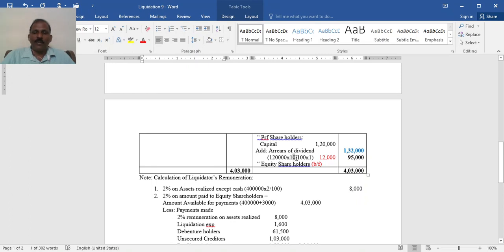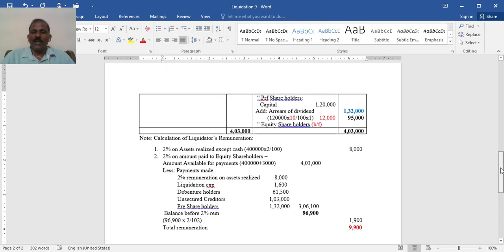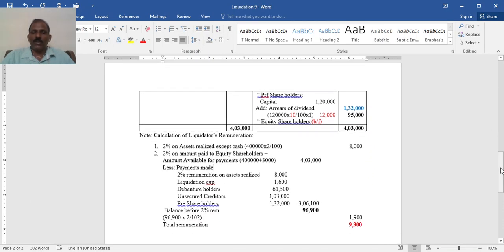So it is 12,000. Now 12,000 must be added to 1,20,000. Total amount payable to preference shareholders will be 1,32,000. Whatever balance is left must go to equity shareholders.